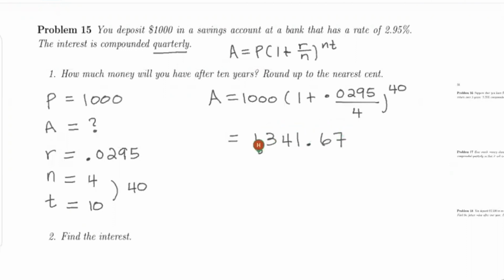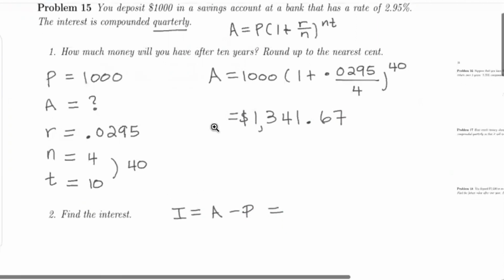Do we all agree with this? So we are looking for interest, which is A minus P. Dorothy, do you have a number for that? Give me 2 seconds.